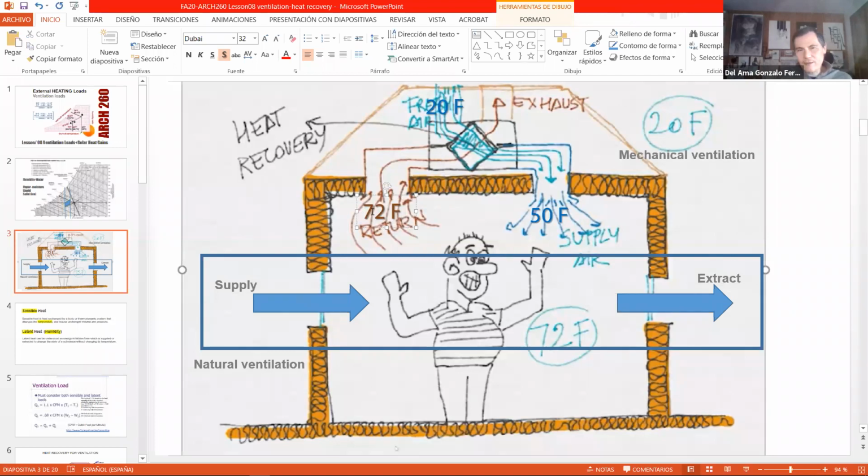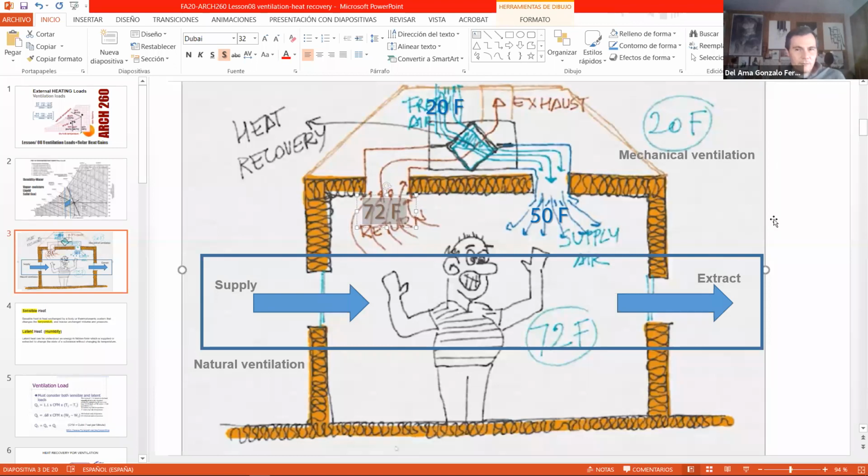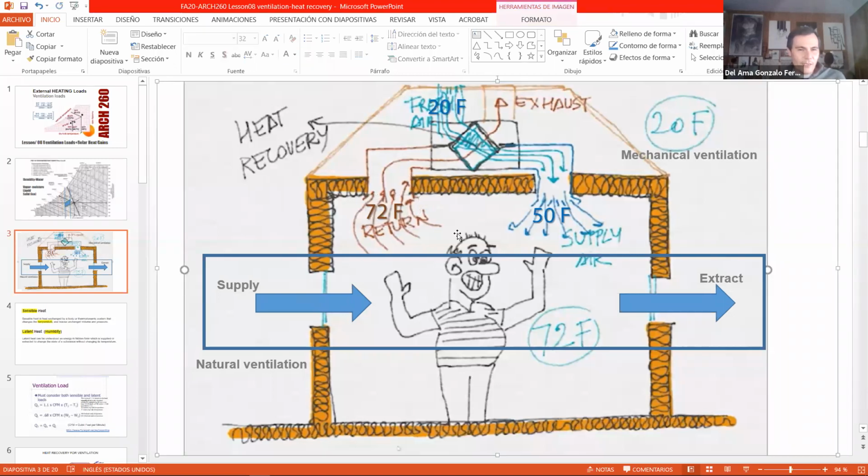So we can understand that the enthalpy of this indoor air is higher than the enthalpy of the outdoor air. So we need to extract part of the energy that this air has. Okay, so that's the concept of enthalpy.